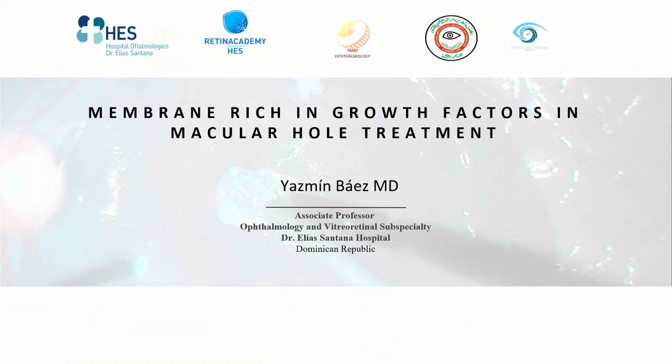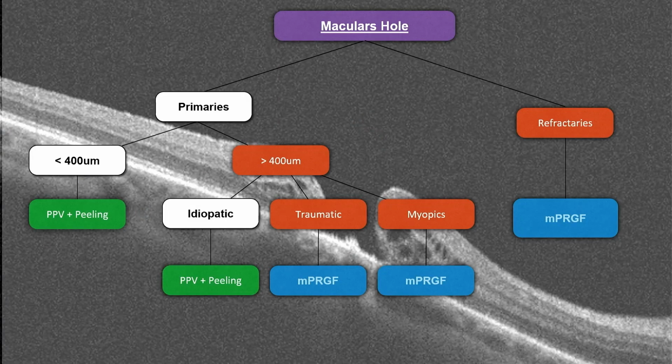This is something that we have been doing in our hospital for the last 2 years, so it's just our experience. I'm here to share just the tips and what we are seeing. I don't have any commercial interest to declare. In macular hole, we can say that we have primary and refractory macular holes.